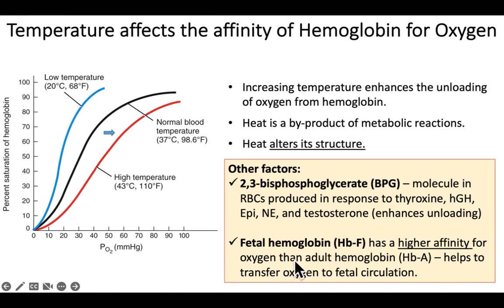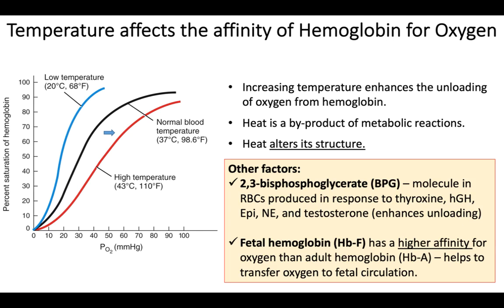So think about what a fetus has to do and what mom's blood has to do. All right? Mom's blood enters a placenta, so does the fetal blood. Well, there's two hemoglobins there. You don't want them fighting over the oxygen. You actually want oxygen to diffuse and get into fetal blood instead of just staying in mom's blood.